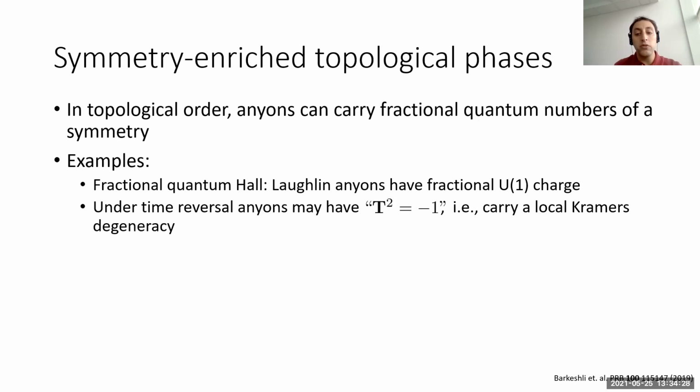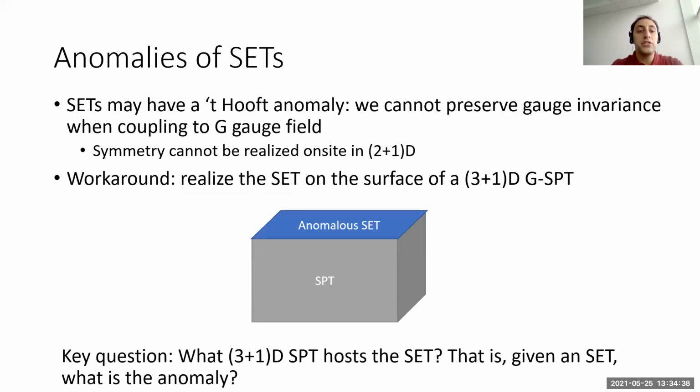The mathematical formalism for describing symmetry fractionalization is, at least in bosonic topological phases, well developed at this point. Now, symmetry-enriched topological phases can have a 't Hooft anomaly. What this means is that we cannot preserve gauge invariance when coupling to a G gauge field. This means that the symmetry cannot be realized in an on-site fashion in a 2+1D system.